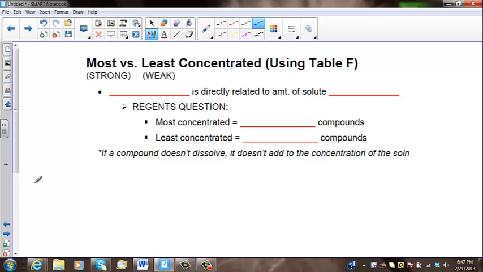Most versus least concentrated using Table F. So strong versus weak. Concentration is a term that is directly related to the amount of solute dissolved.